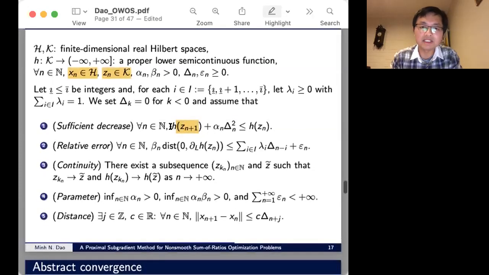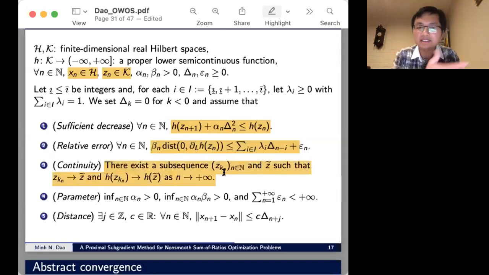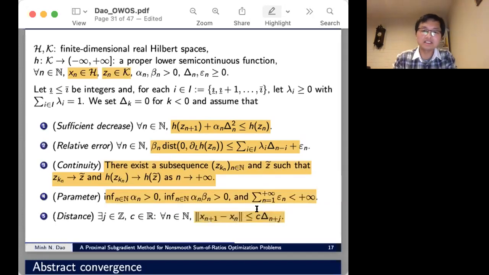We have similar conditions here, sufficient decrease, relative error, and continuity, which I said are normally satisfied in the usual methods. The condition on parameters is normally also satisfied, and here is the condition for the distance. This one is similar to the framework of Peter Ochs, but here we don't need to separate into two sequences. So it can be more than two sequences.